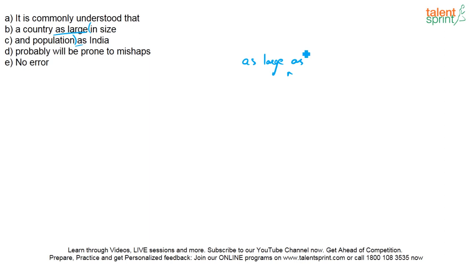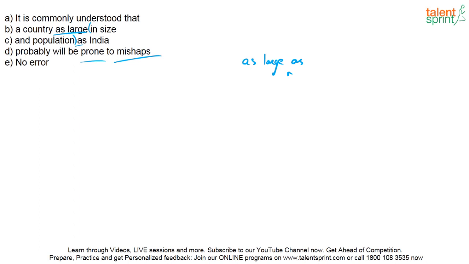Prone to is fine. When you say something is prone to, what do you mean by it? You know this word, right? It's not a very difficult word. You're prone to do something means you're likely, highly susceptible to mishaps. What's a mishap? A mishap is an accident actually.